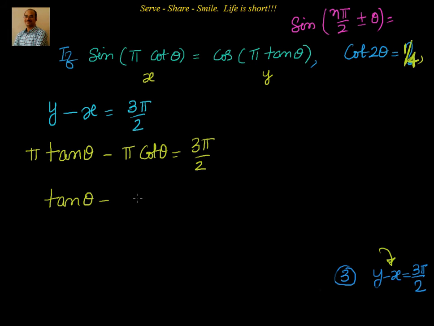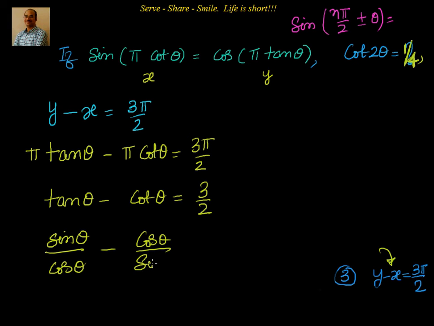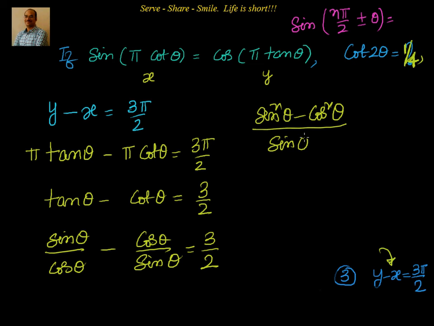We will get tan theta minus cot theta equal to 3 by 2. Can I write it as sin theta by cos theta like earlier minus cos theta by sin theta is equal to 3 by 2? Or if I take LCM, I will get sin square theta minus cos square theta divided by sin theta cos theta is equal to 3 by 2.